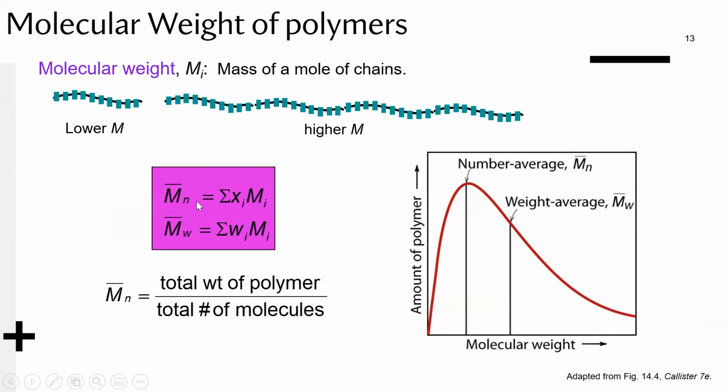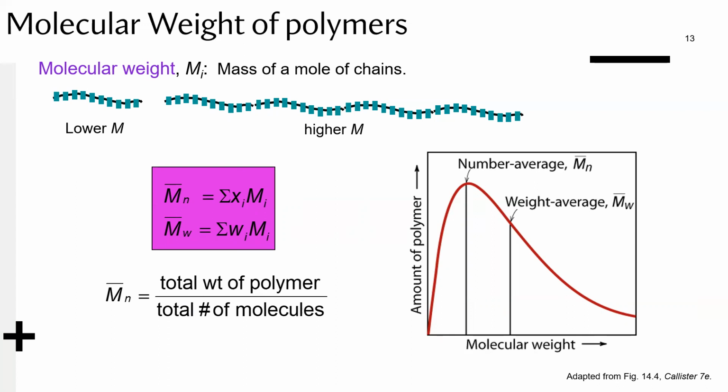And once you actually find that, you've got the total weight. This is another way to calculate this. So this is one way, and the other way is if you've got the sample and you weigh the entire sample and divide it by however many molecules you have. It depends on how the data looks.